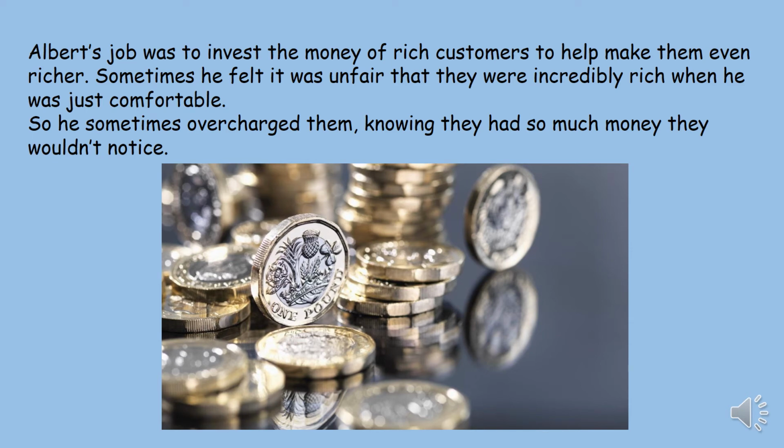Albert's job was to invest the money of rich customers to help make them even richer. Sometimes he felt it was unfair that they were incredibly rich when he was just comfortable. So he sometimes overcharged them, knowing that they had so much money they wouldn't notice.